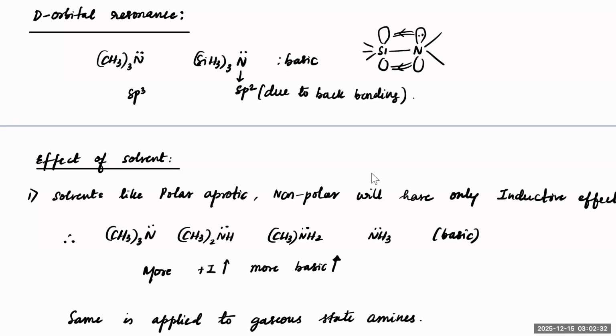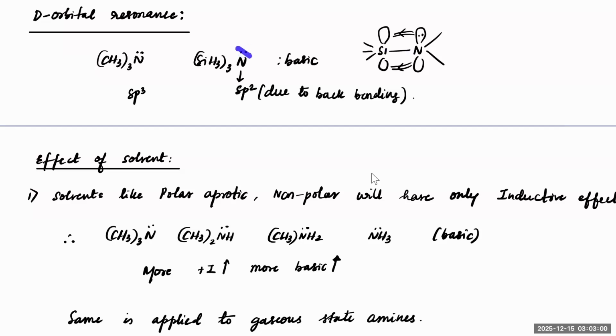Now, one thing we are forgetting, that silicon, unlike carbon, has an empty d orbital. And because it has an empty d orbital and it is directly connected to nitrogen, and nitrogen has a lone pair on it, that lone pair will immediately start supporting towards silicon. And this support, what we learned in chemical bonding, is called back bonding. So you can see back bonding is offered by this nitrogen.